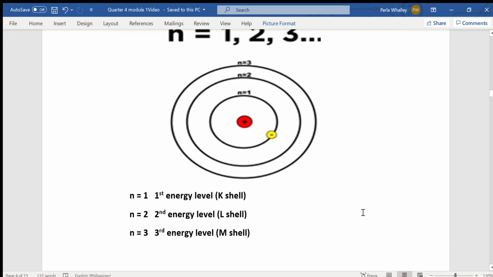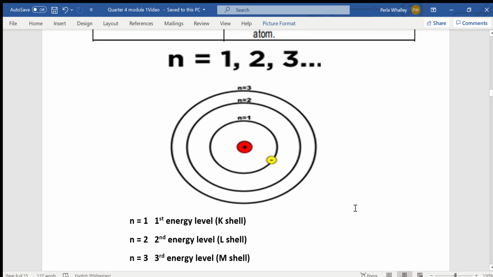So here we have the atom with three energy levels. The center, the red here, is the nucleus where you can find the protons and the neutrons. The yellow is the electron moving around the nucleus.